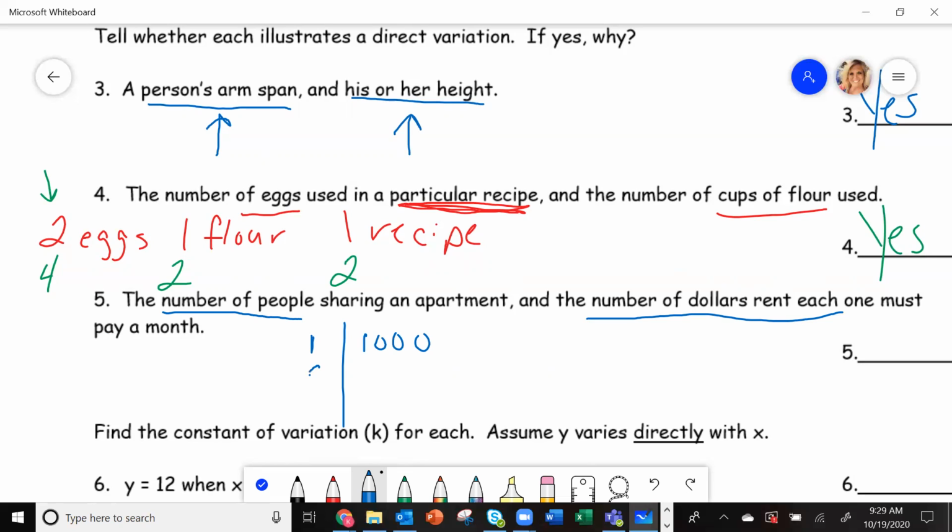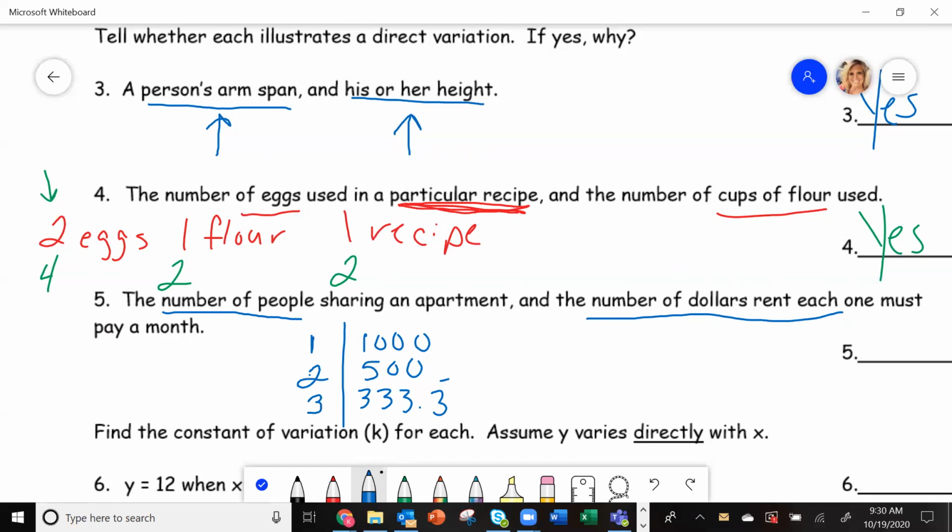Well, what if 2 people live there? If you split the rent equally, each person would have to pay $500. If there were 3 people living there, to split that evenly, you would take 1,000 and divide it by 3. That means each person would pay $333.33 repeating.